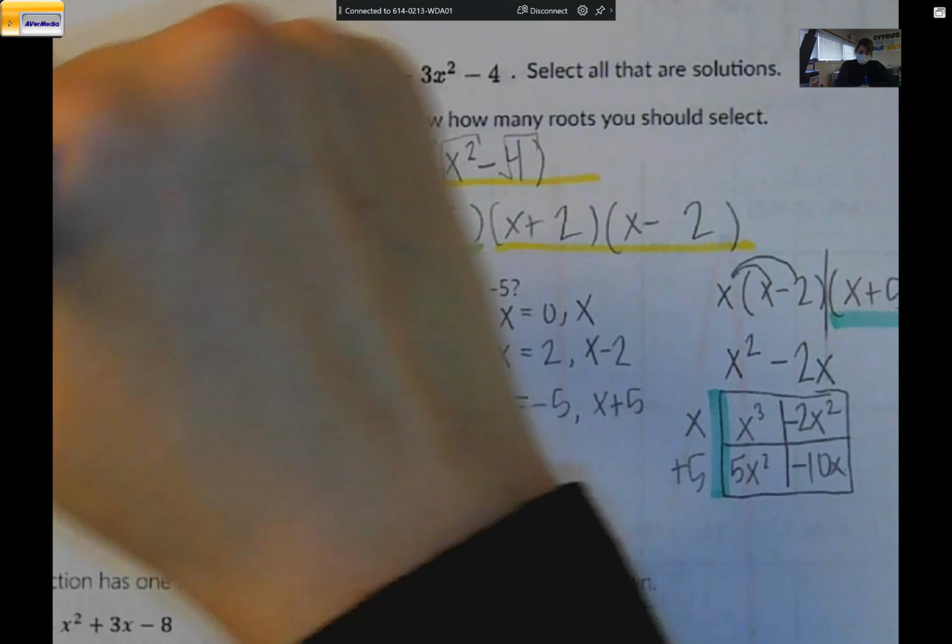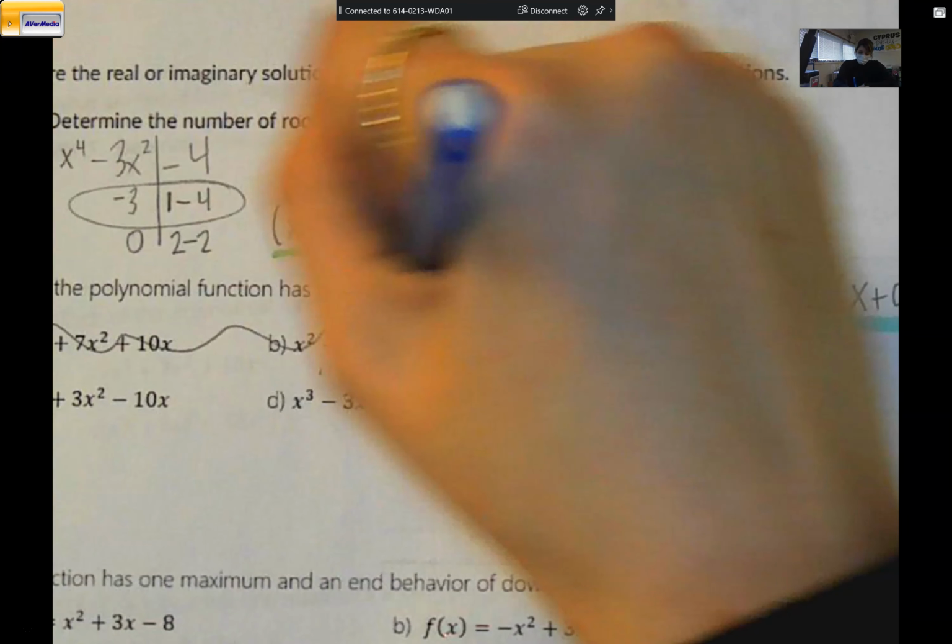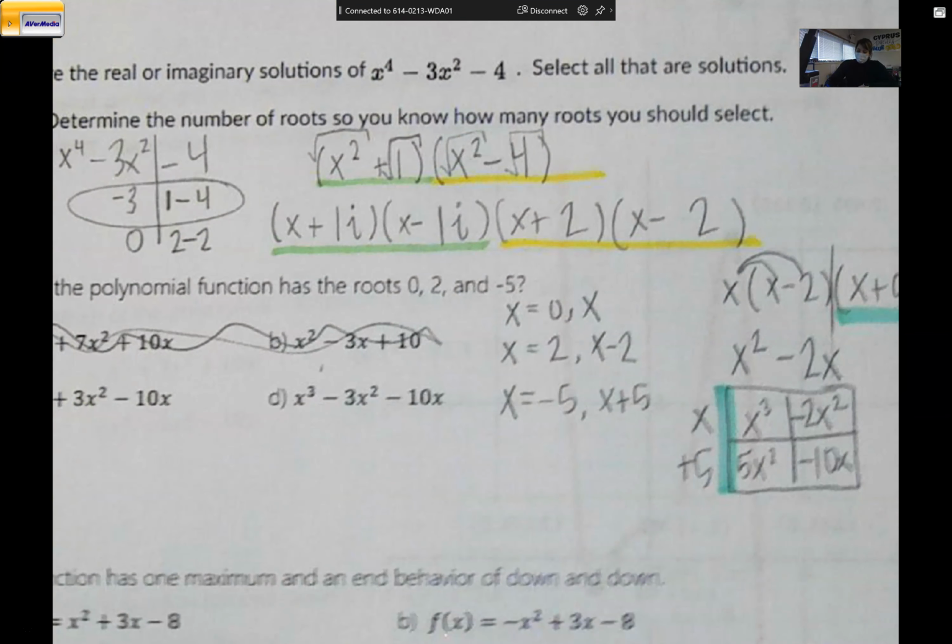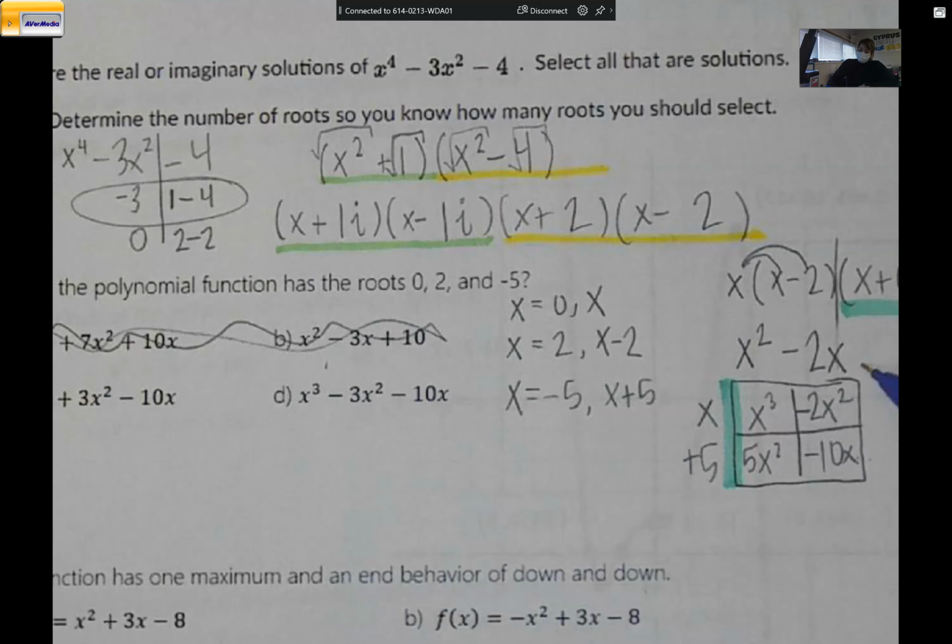So it has to be either C or D. Now I combine these middle terms to make the final choice. So a +5 and a -2 goes to a +3.